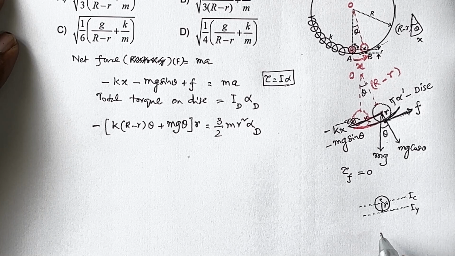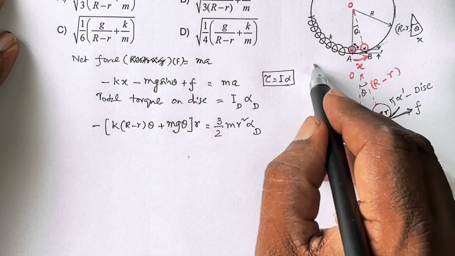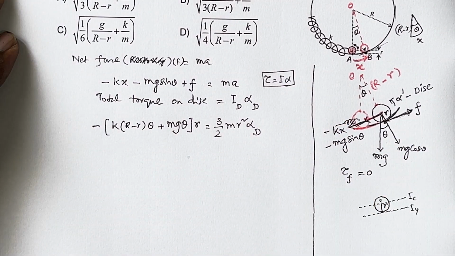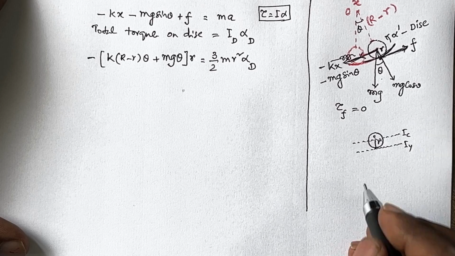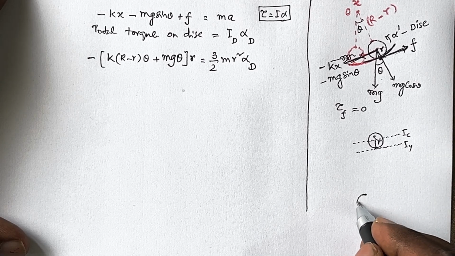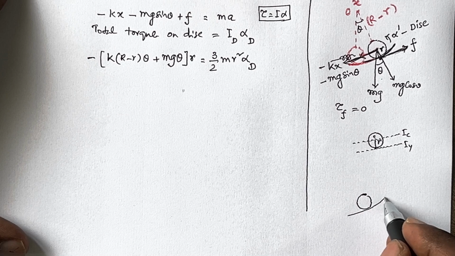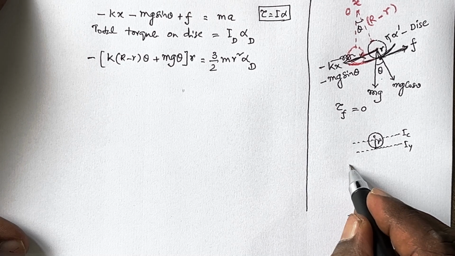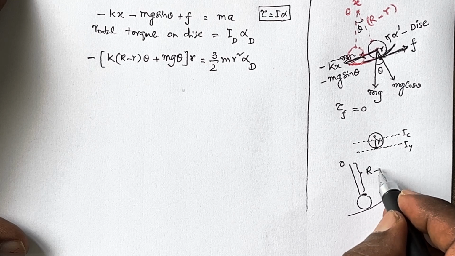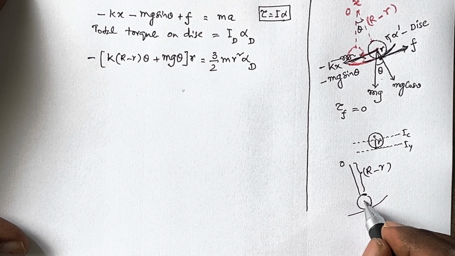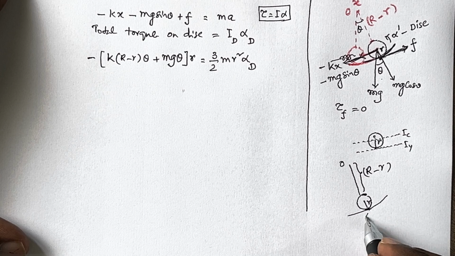See, what is the formula for tangential acceleration? I will draw this one here. This is all for extra points we have to remember. See what happens. This is the position of the disk. This is O. This distance is R minus r. This is r. This is the axis of rotation.